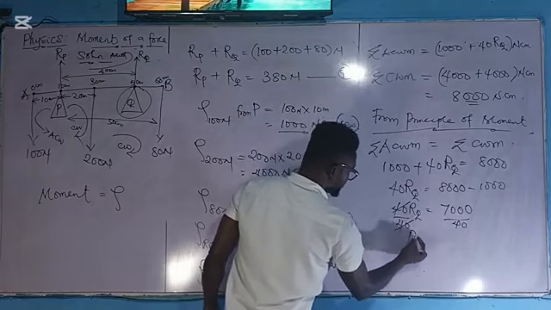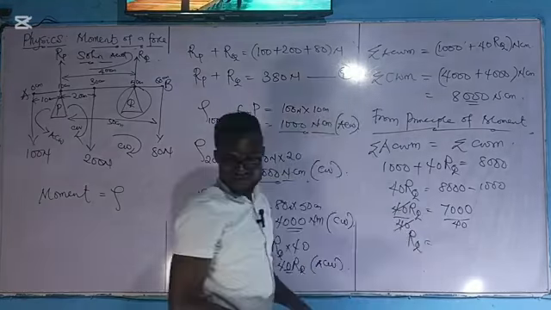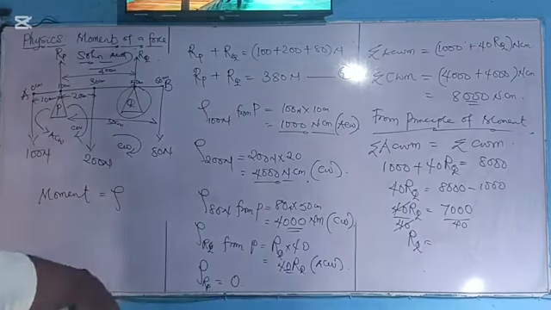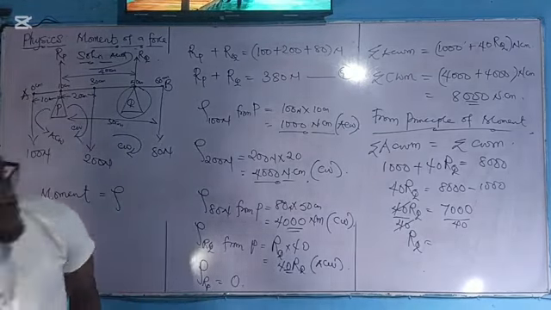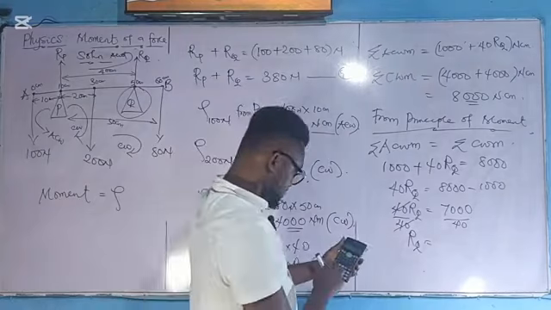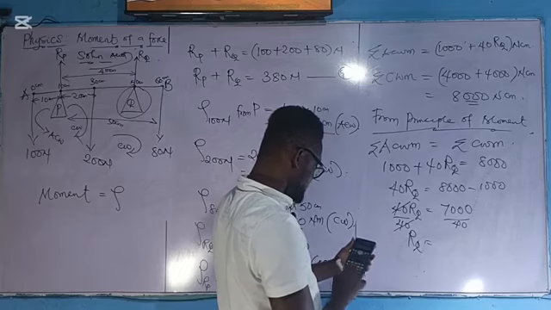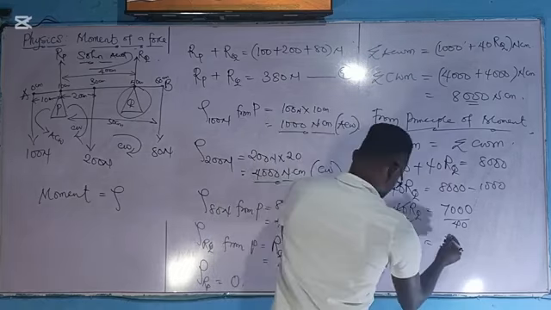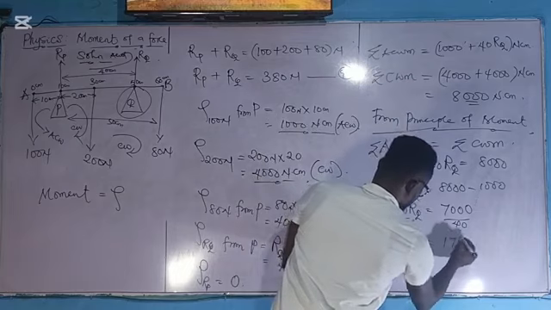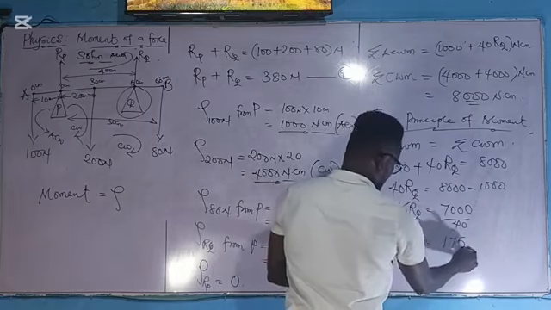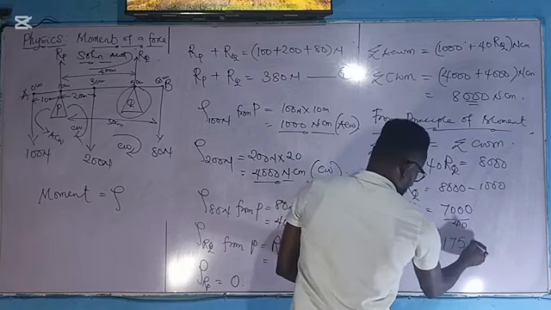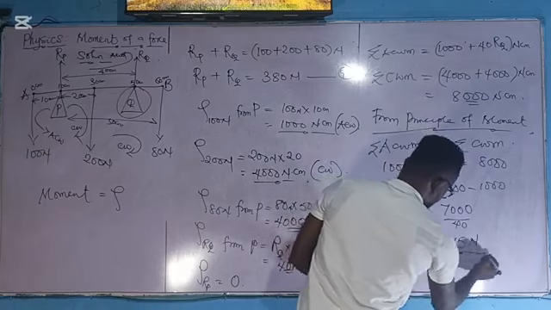This will cancel out. So what will be the value of RQ? So we are going to get 7000 divided by 40. That will give 175. RQ is a force, now measured in Newton.